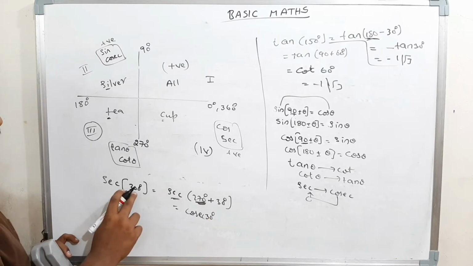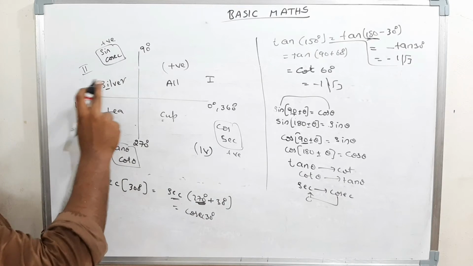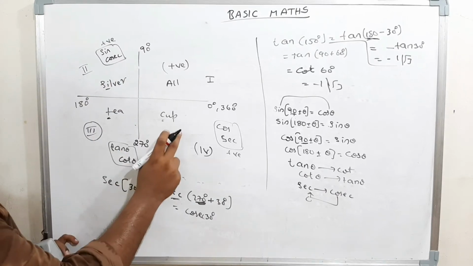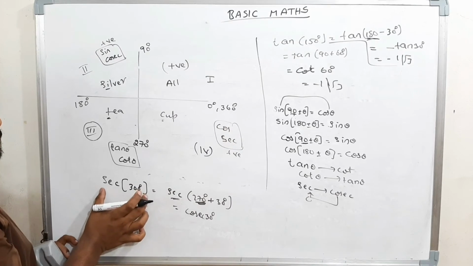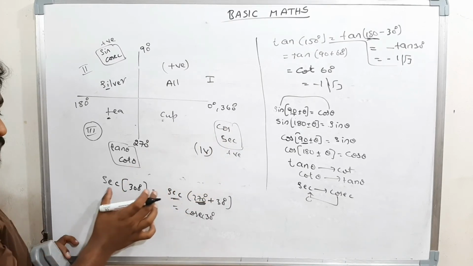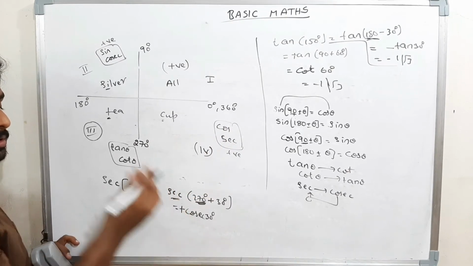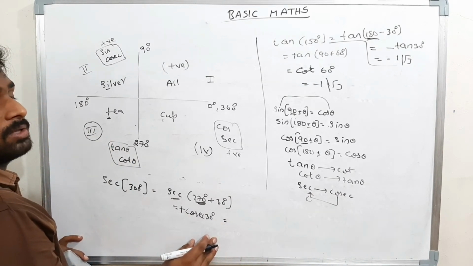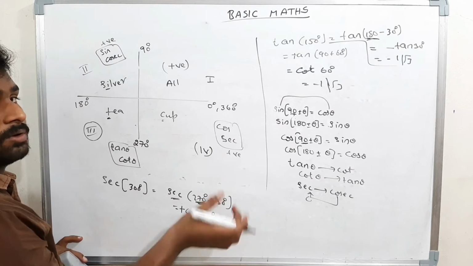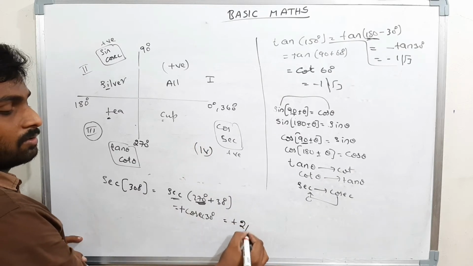And now 300 is in which quadrant? Fourth quadrant. In the fourth quadrant, which are positive? Cos and secant. Therefore secant 300 is positive. Positive cosecant 30. Therefore what is cosecant 30? Sin 30 is 1 by 2. Cosecant 30 means reverse of it. That is plus 2 is the answer.